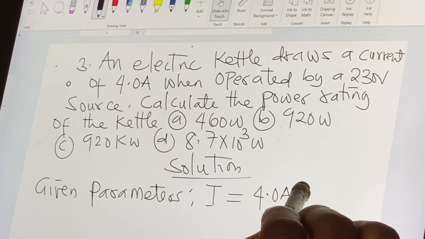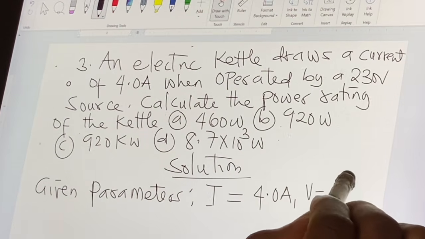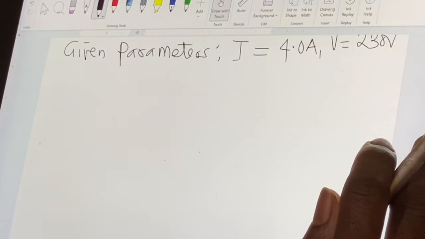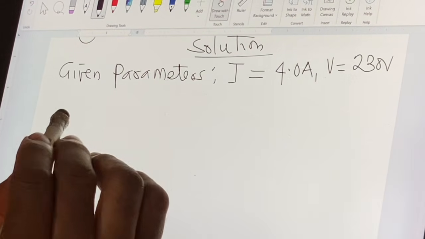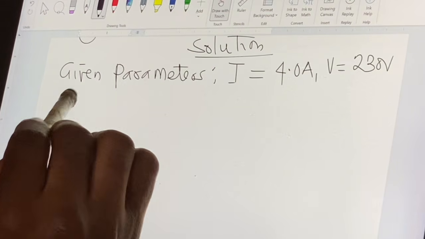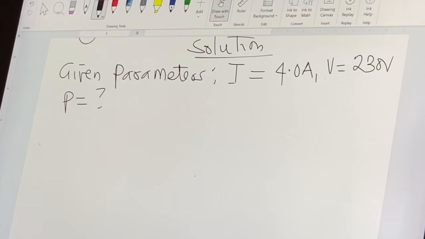The potential difference is given to us as 230 volts, and the next parameter is power, which we are asked to calculate.